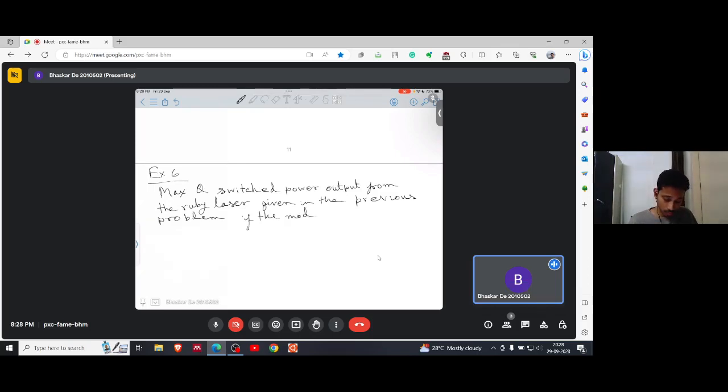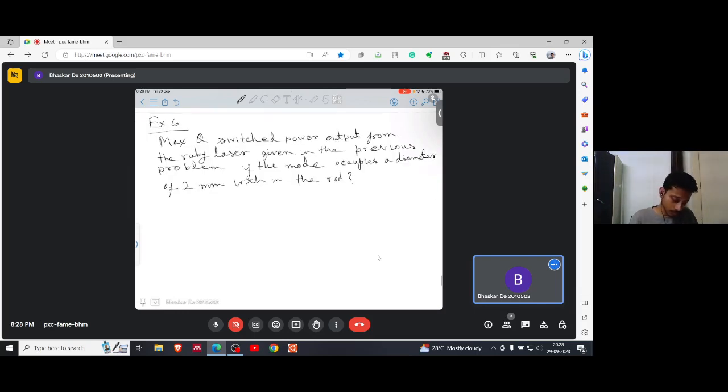If the mode diameter is 2 mm within the rod, assume that the laser gain is 100 times the threshold value.